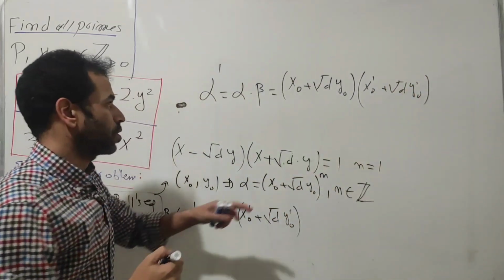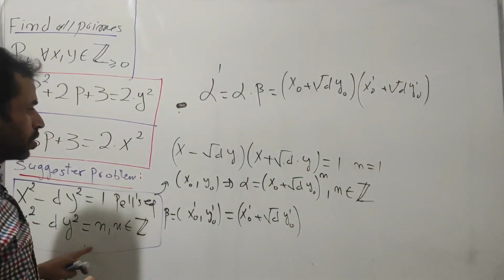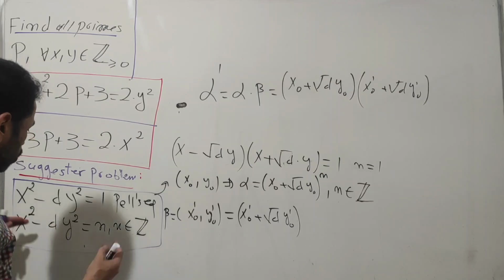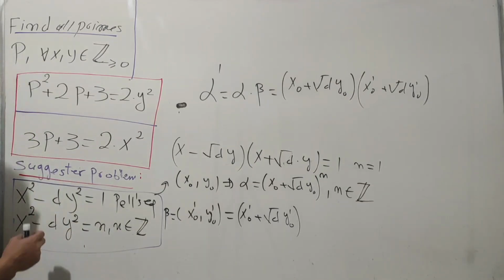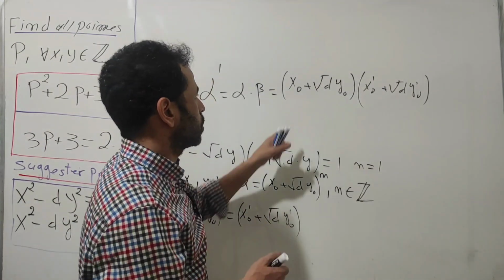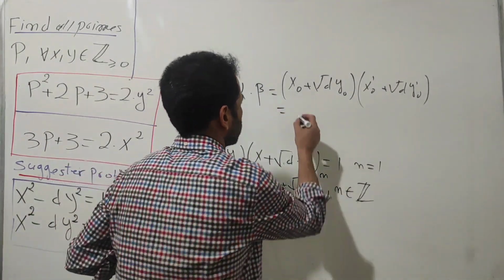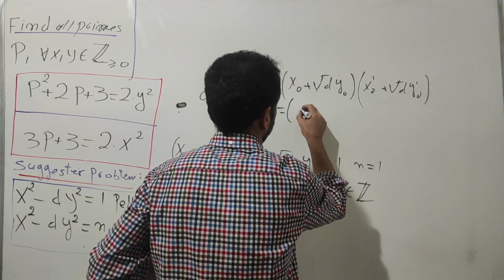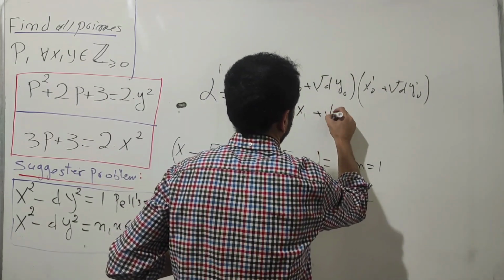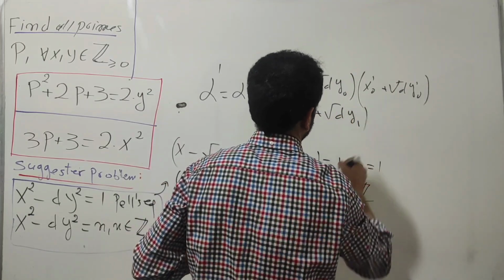Remember, this is the solution for the second equation, and the first one is for the first equation. To find a general solution, you multiply this one by this one. Then you will find another solution, written in the form x1 plus square root of d y1.